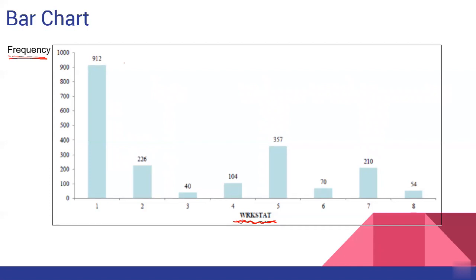This diagram illustrates the distribution of the frequency. As you can see here, most of the people chose response 1. The second largest group is response 5, and the third largest is group 7.